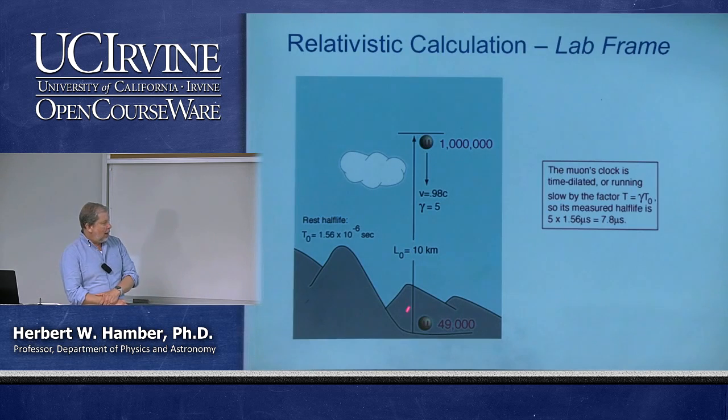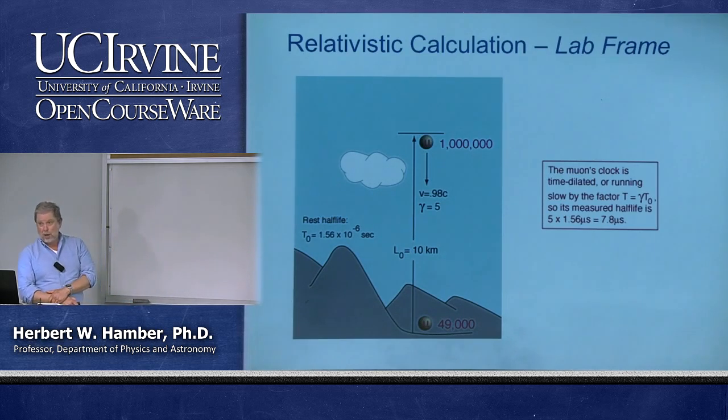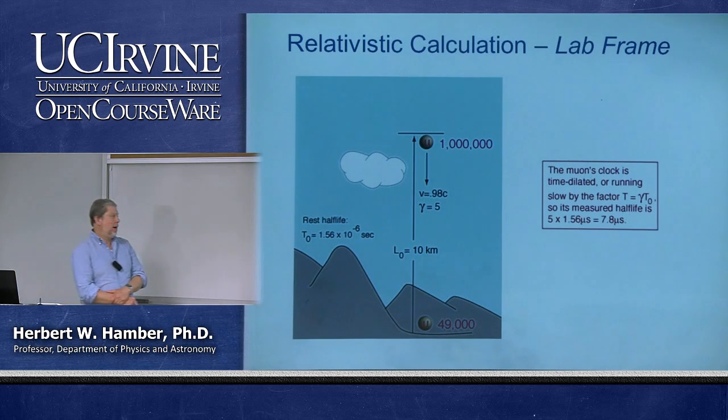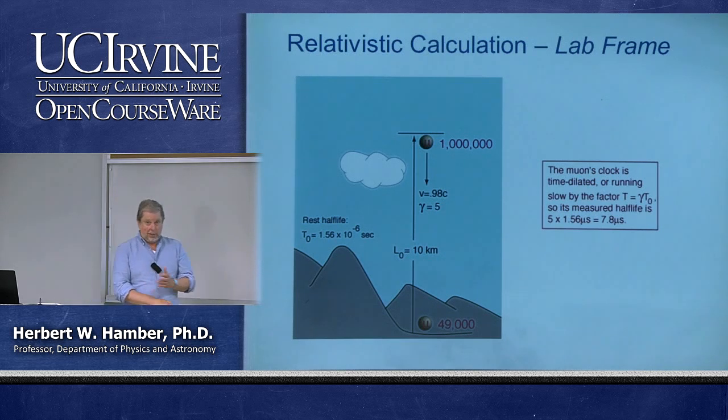That means a lot more muons reach the surface of the Earth than you would expect if you had not taken the time dilation effect into account, right? And so you can measure this, and because you get so many more muons on the surface of the Earth, you have effectively measured the time dilation effect.